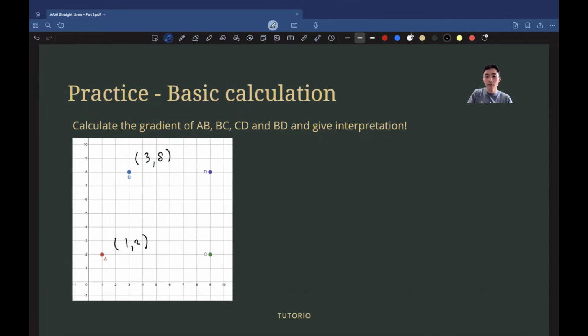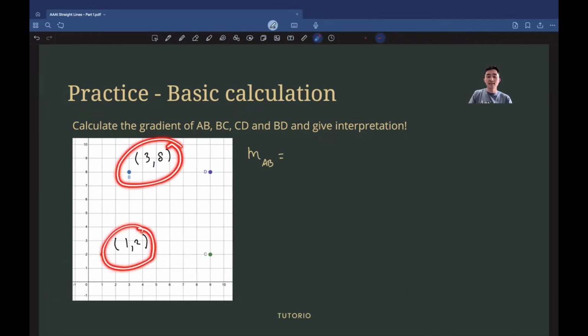Okay, so in order to calculate the gradient from A to B, we can just decide who becomes point 1 and who becomes point 2. Let's just choose this to become point 2 and this to become point 1. First, take care of the y coordinate, y2 minus y1. So 8 minus 2. We write it here.